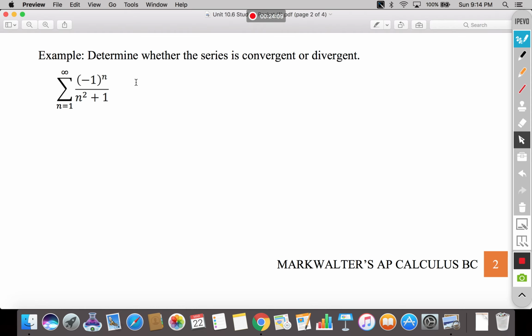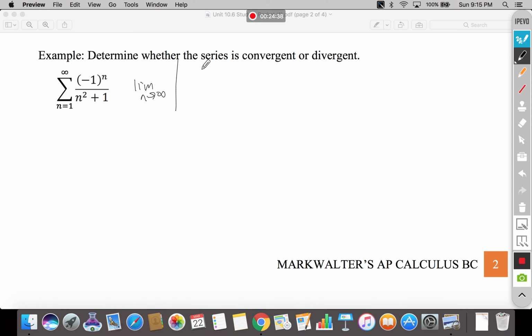I need to do the limit as n approaches infinity of the absolute value. Oh, I've got to switch over to my pen. Make sure you do the right thing. All right, try that again. We want to find then the limit as n approaches infinity of the absolute value of a sub n plus 1.